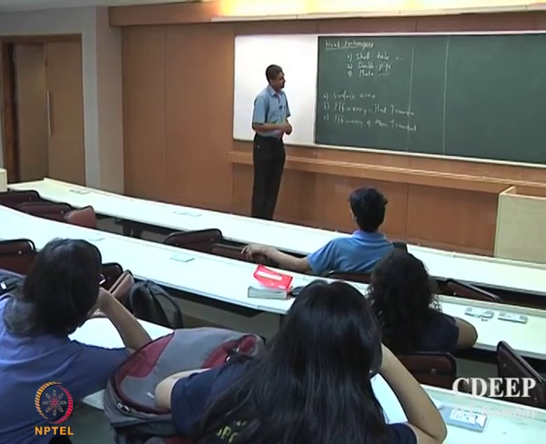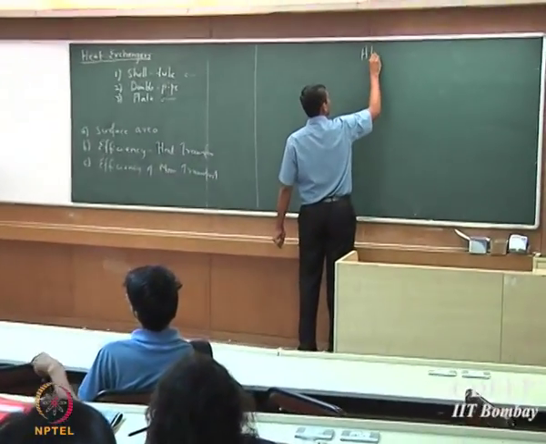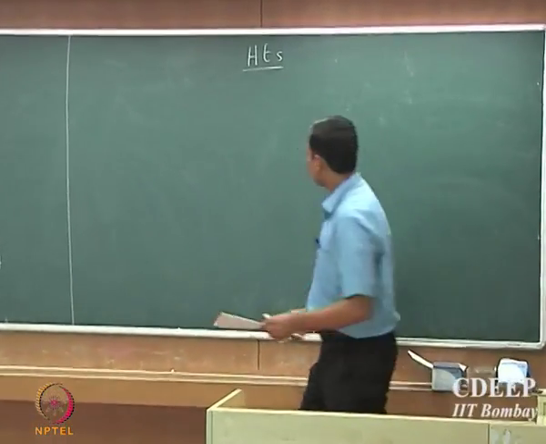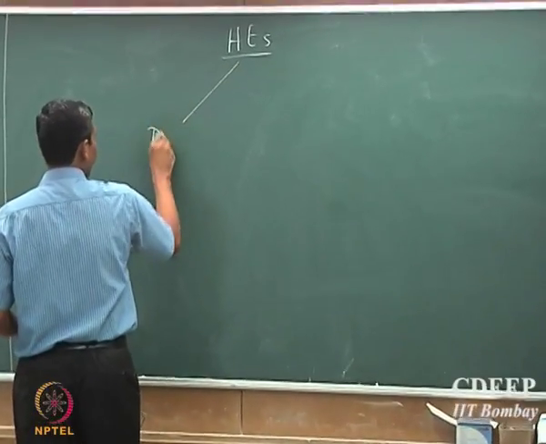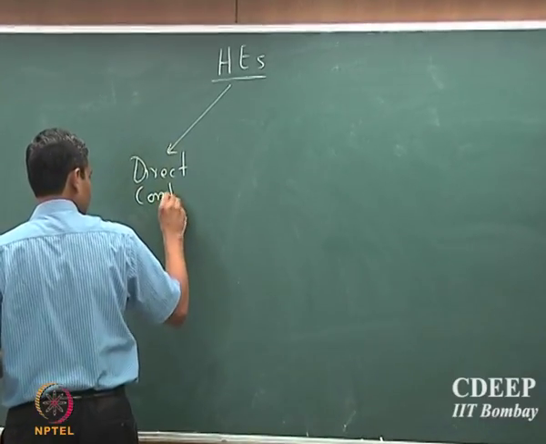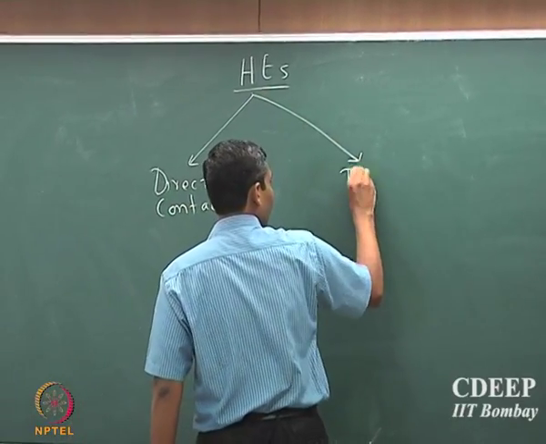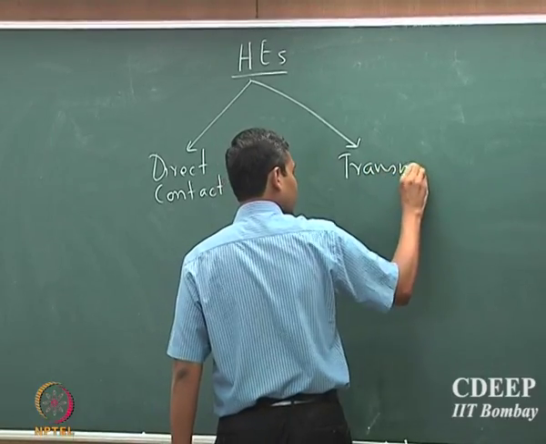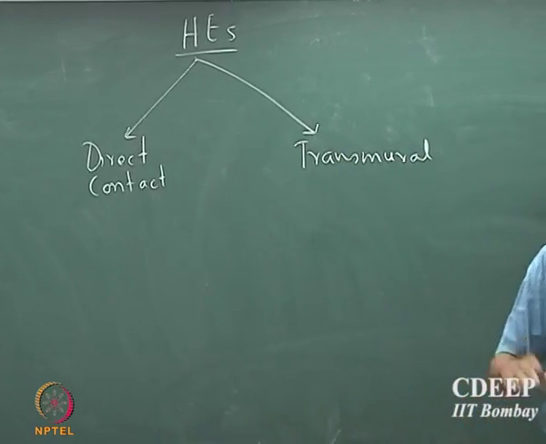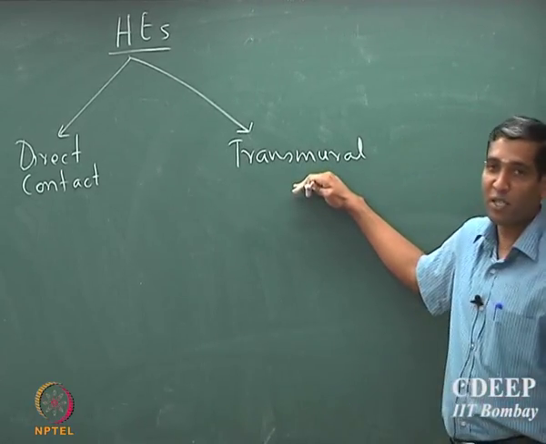Based on this, one can classify heat exchangers into two broad classifications. One is called the direct contact heat exchangers, and the other is what is called transmural. All the heat exchangers that you have seen or heard about are primarily transmural.